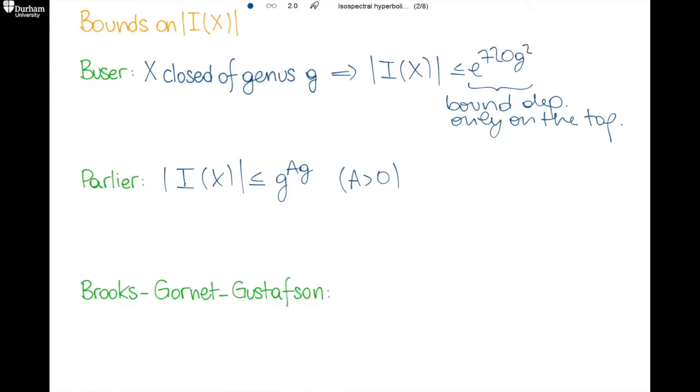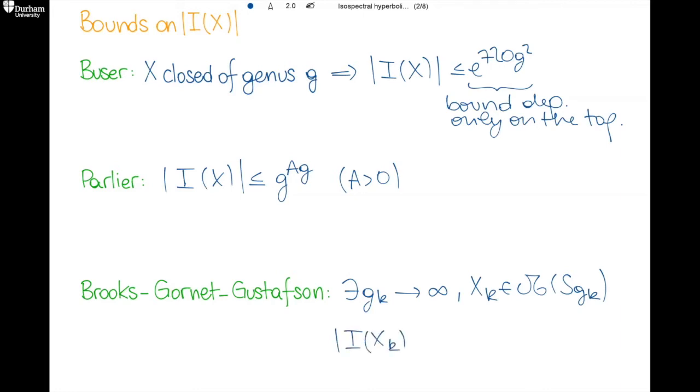This is due to Brooks, Cornet, and Gustafsson. What they showed is that there exists some sequence of genera going to infinity, and for each genus, I can find a hyperbolic surface of genus g_k that lies in a large isospectral family.